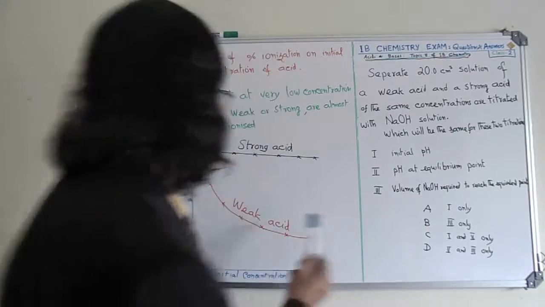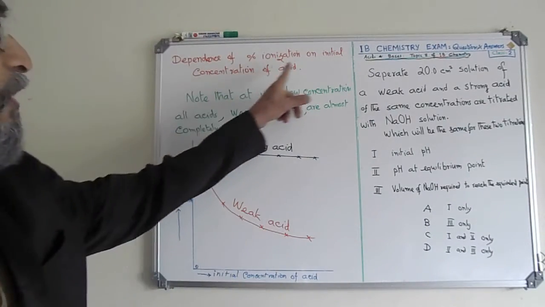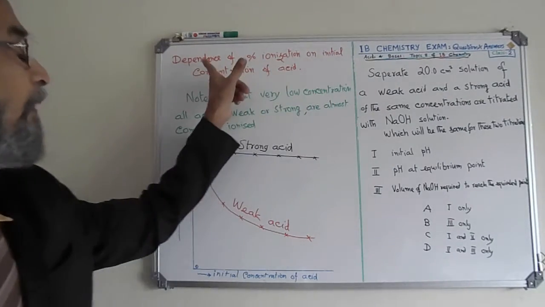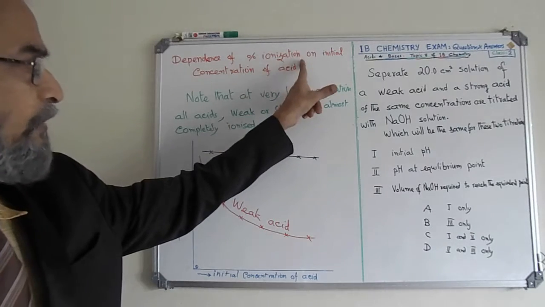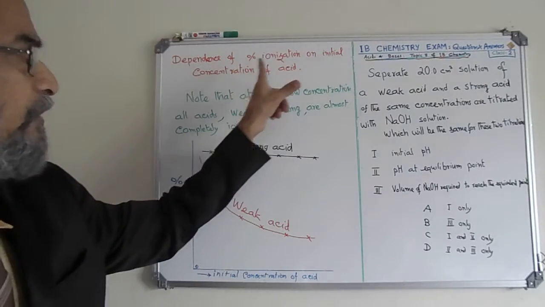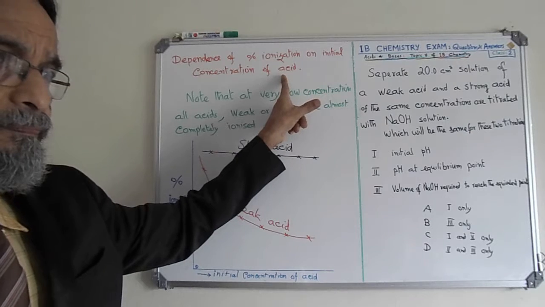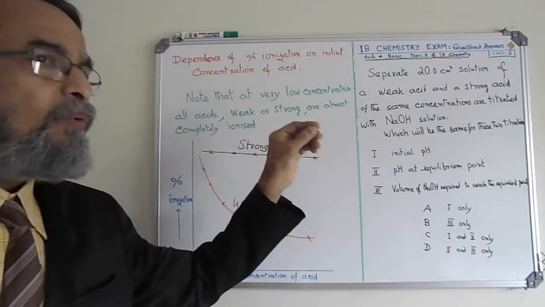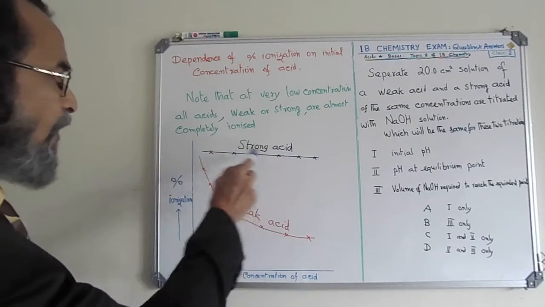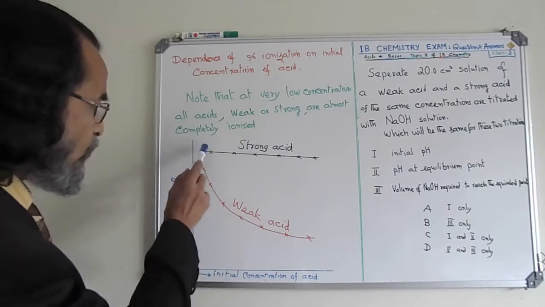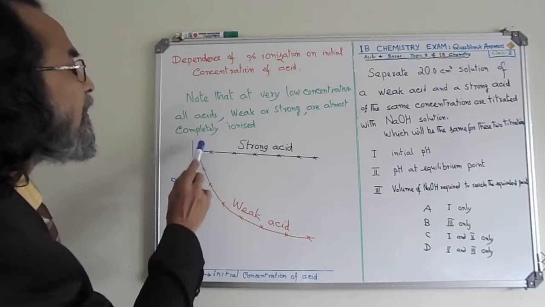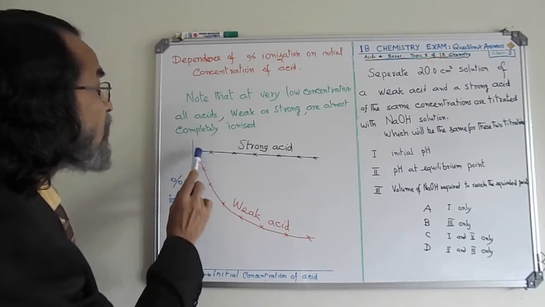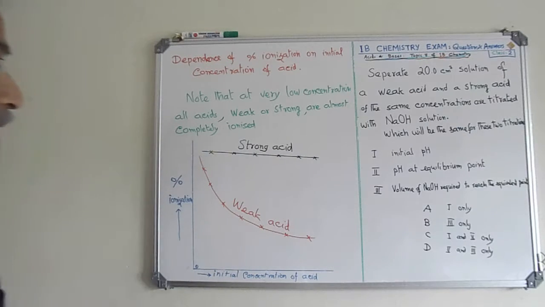For that, we have to understand the dependence of percentage ionization on the initial concentration of the acid. That means if initially we are taking very dilute solutions, the extent of ionization will be almost equal. For very low concentrated strong acid or weak acid, the percentage of ionization will be almost equal.